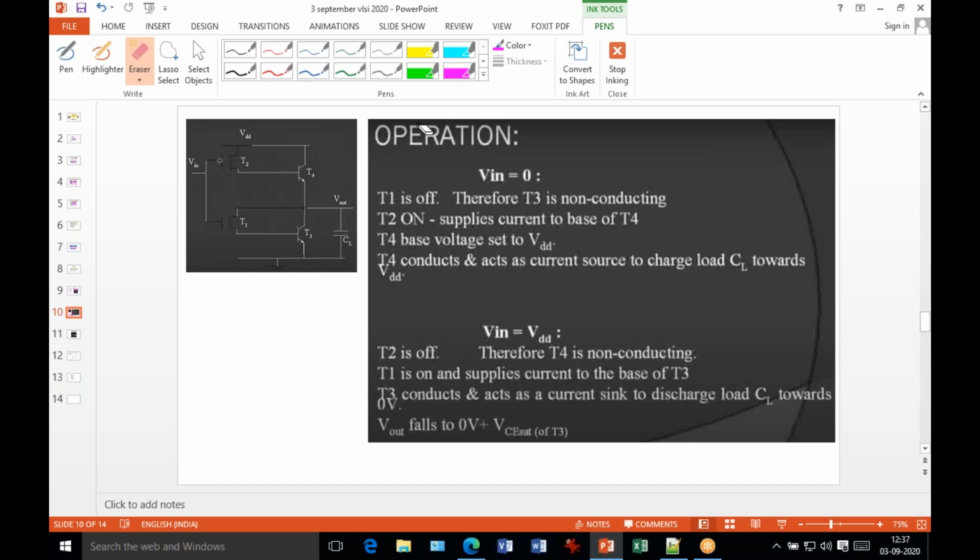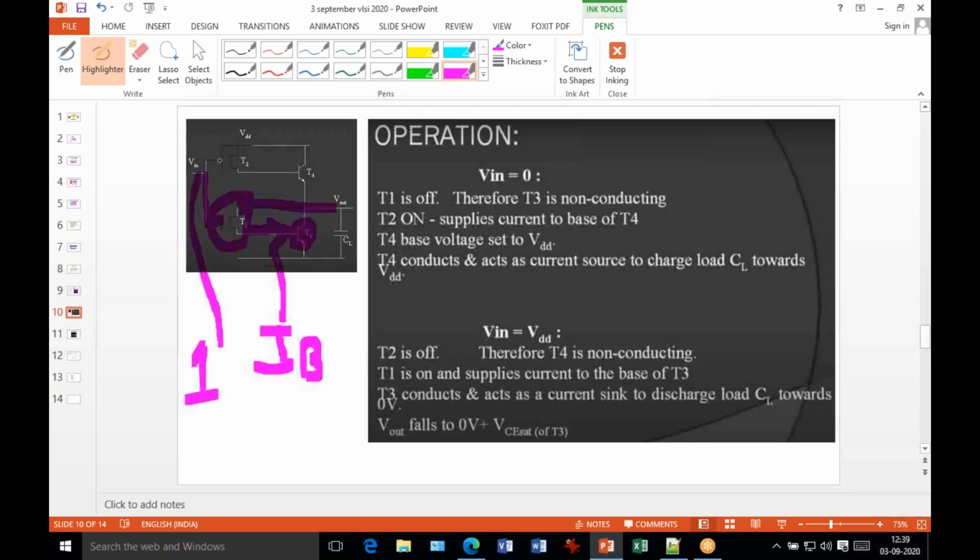So the output voltage is already okay. Now here is the T2 transistor. The base current of this transistor is available because my NMOS is on. Why?